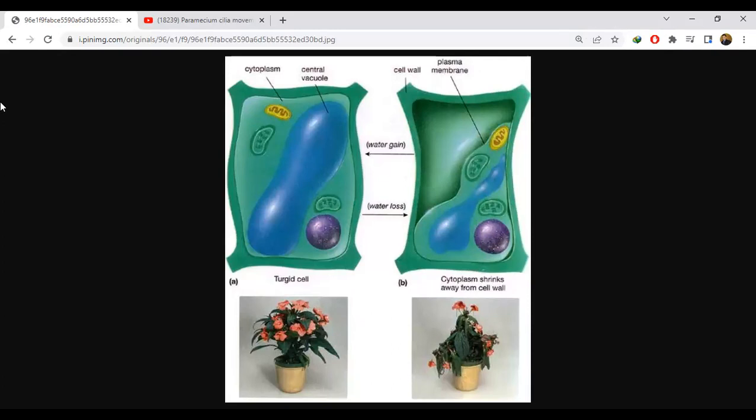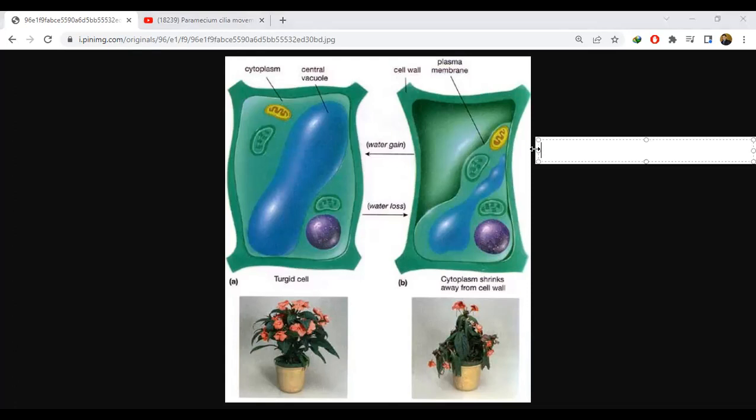How is the plant looking? Is it fresh? Yes. Is it straight? Yes. Has it wilted? No. What type of cell is on the right side? Shrinking.